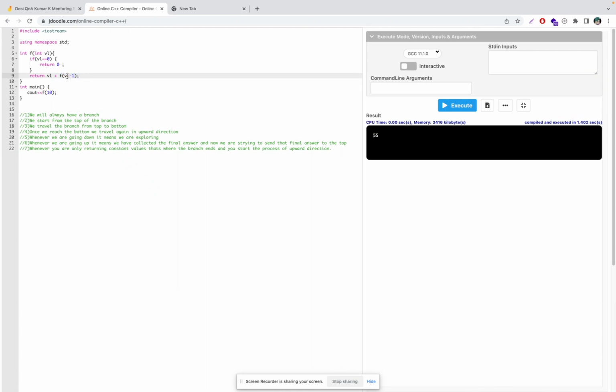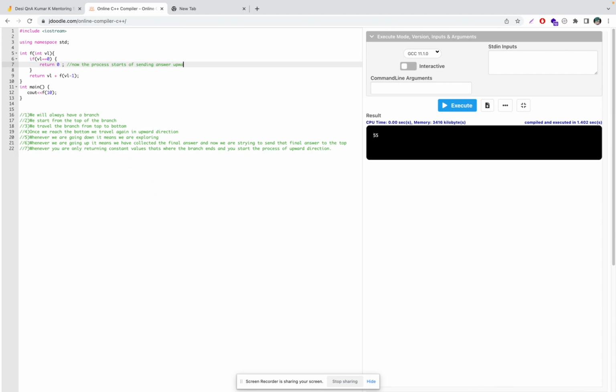So whenever you are doing something like this, you are exploring or going down. But whenever you are returning a constant, the process of sending the answer upward starts.